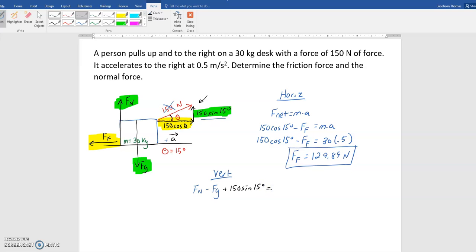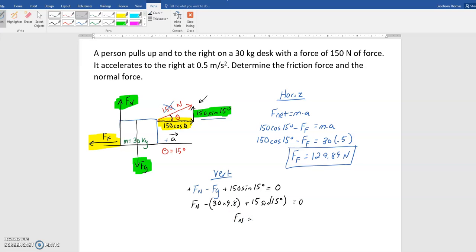And I do that because it's pointing the same direction as Fn, and I made Fn positive. And again, our acceleration is 0, so m times a is going to be 0. So when I do this, I'll go Fn minus, in this case, 30 times 9.8 plus 150 sine 15, and that's going to equal 0.